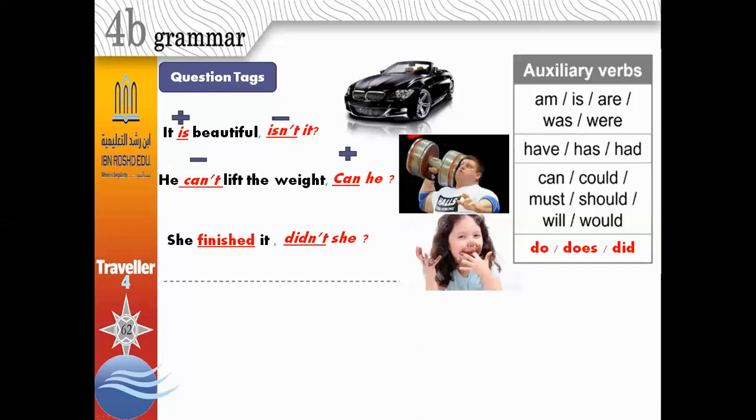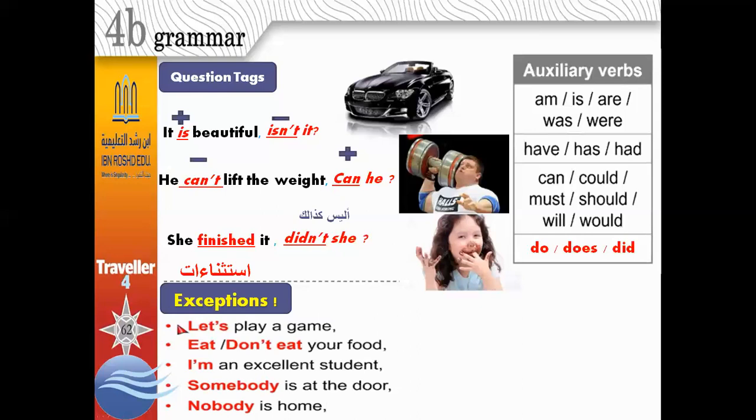Now we move to exceptions. The exceptions for this rule. Exceptions means these rules don't apply. So these sentences are exceptions.